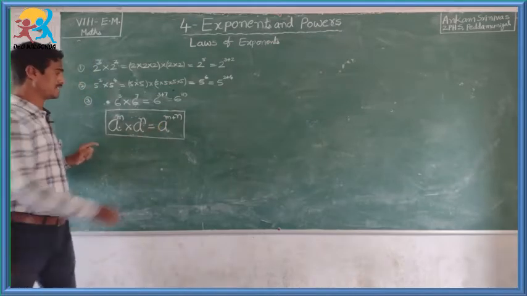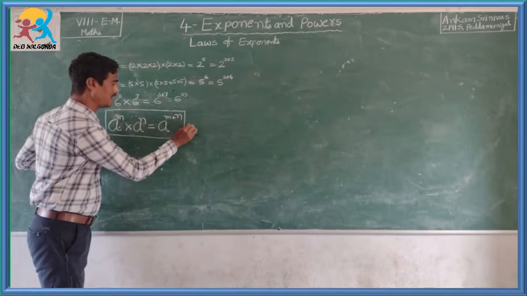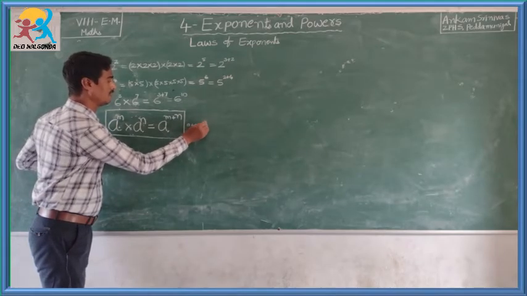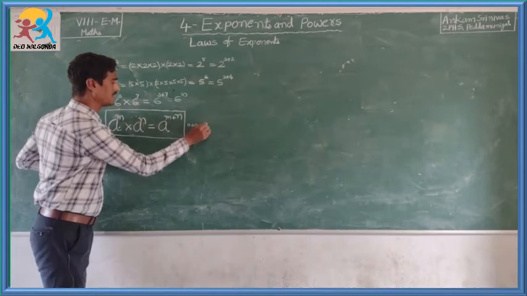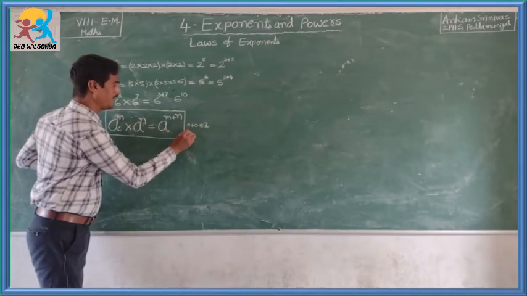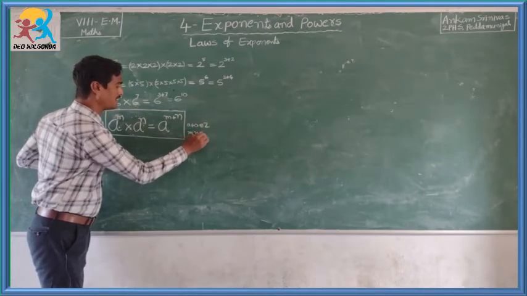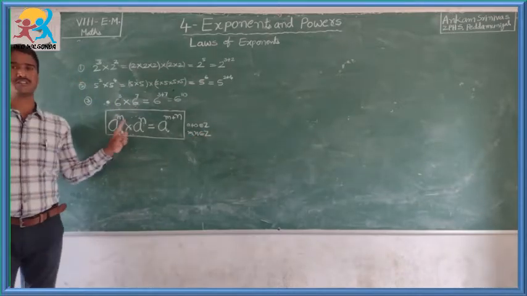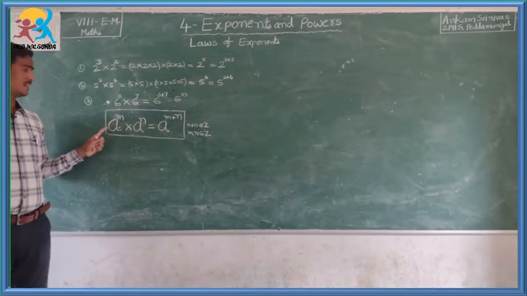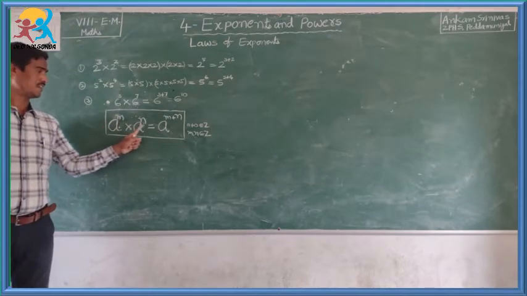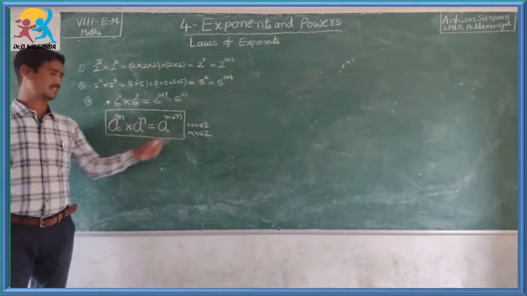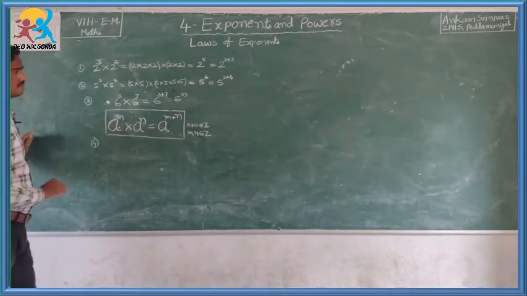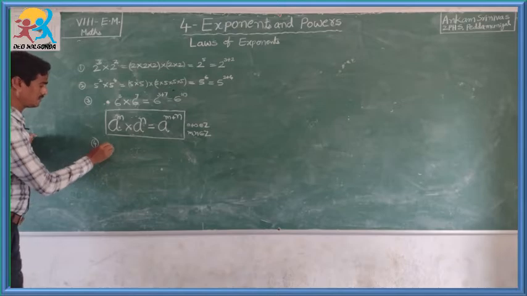Here n is not 0, n not equal to 0 and belongs to Z, integer. And here m comma n also integer. So my dear children, we got one formula: a power m into a power n equal a to the power of m plus n.